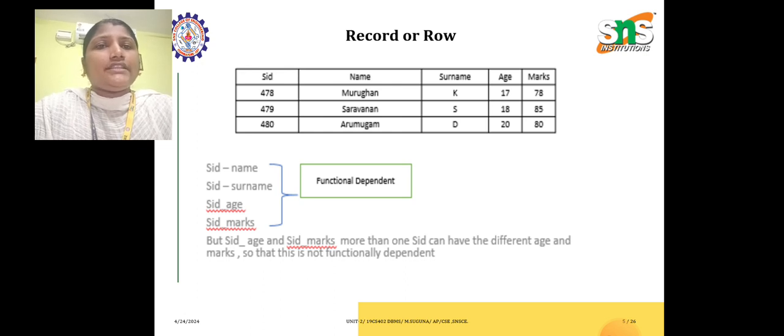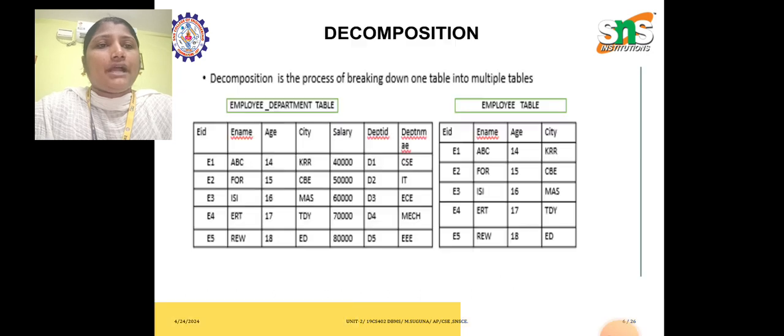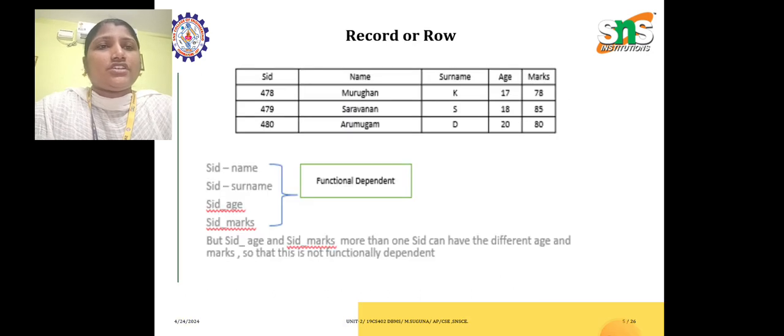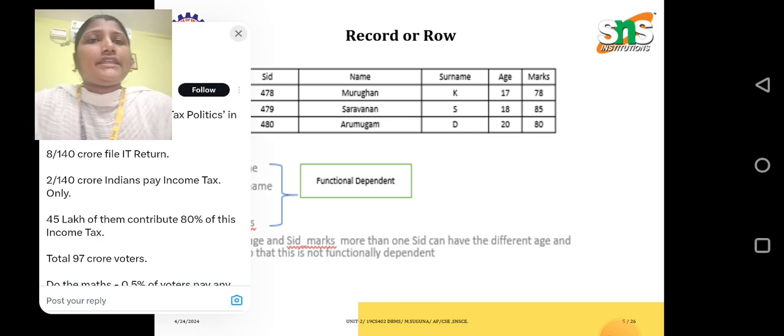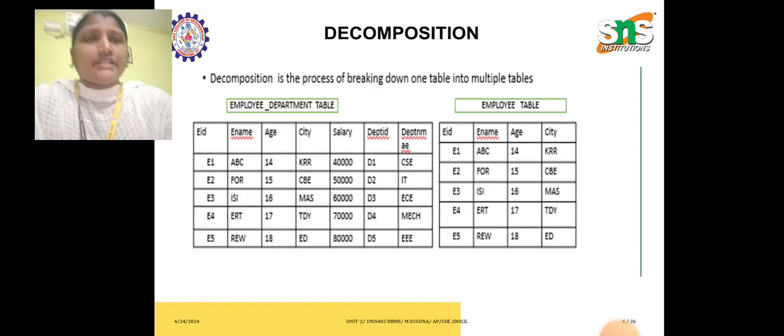But more than one student can have the same age and mark, so age and mark are not fully functionally dependent on each other, because more than one student can have different ages and marks, or the same mark. So age and mark are not fully dependent on each other, but age and student ID is fully functionally dependent, and mark and student ID is fully functionally dependent.